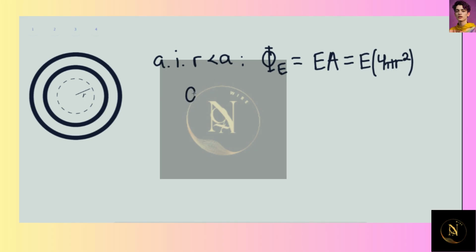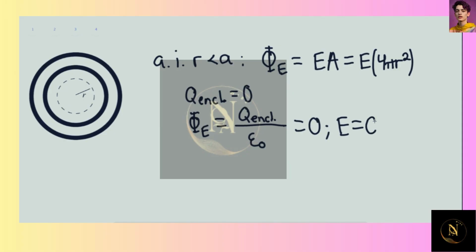We know that the charge enclosed is equal to 0 because there isn't any charge enclosed, and so the electric flux, according to Gauss's law, would be equal to the enclosed charge divided by epsilon naught, the permittivity of free space. We know that this is equal to 0, so the electric field is equal to 0 as well.